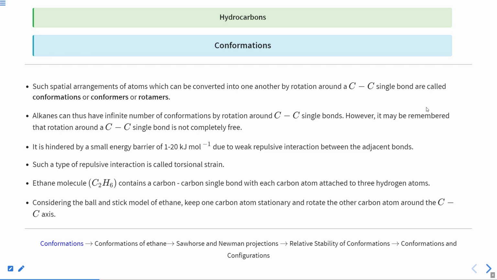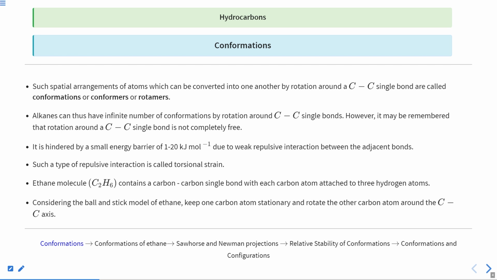Of course, you will get different types of structures because of the rotation, and those different structures in terms of spatial arrangement are called conformations, conformers or rotamers, because we got them upon rotation. If I talk about the number of rotamers, there are infinite possibilities of conformation.